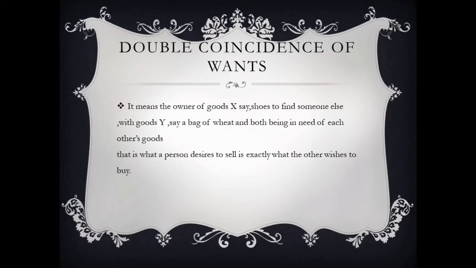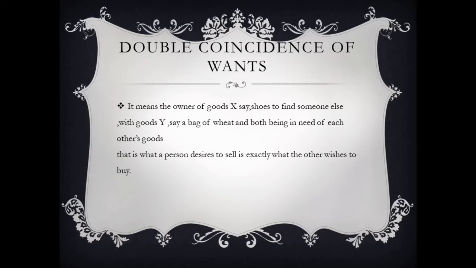It is very difficult to get such situations in the society. So, if you see the first page of this lesson, page number 39, you can see three figures. One figure tells us, I will give you shoes for your wheat. Another tells, I don't need shoes, I need clothes.